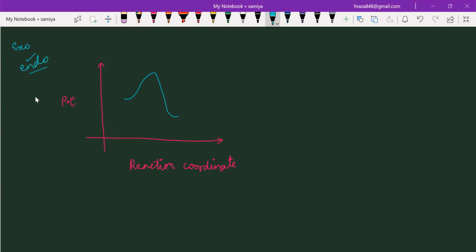Aman, what do you think, Aman? It is exothermic. Now you can see that this is the reactant and this is your product.